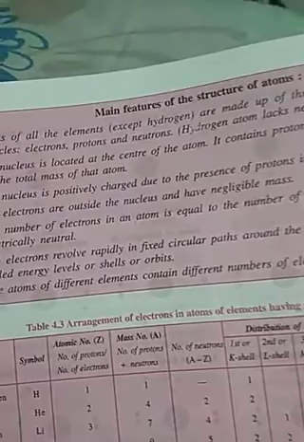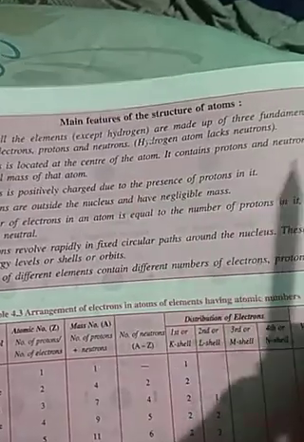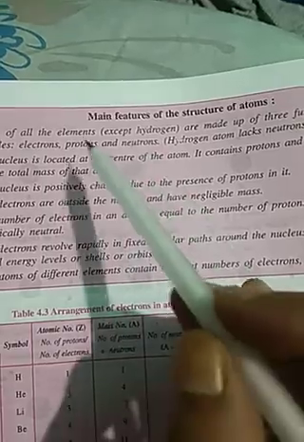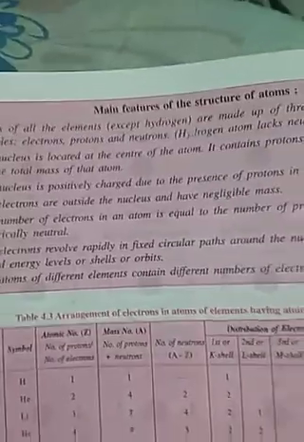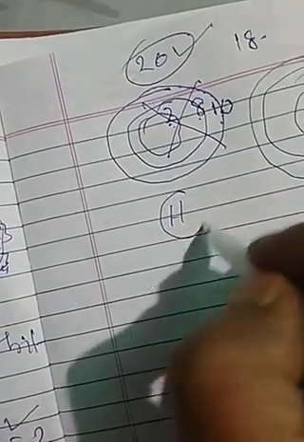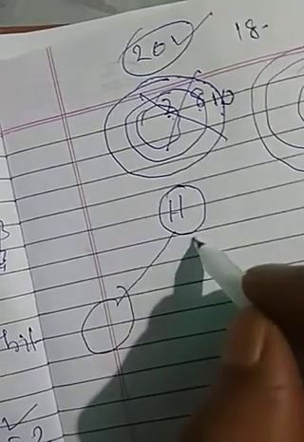The atoms of all the elements except hydrogen are made up of 3 fundamental particles, 3 subatomic particles: electron, proton and neutron. I think 3 or 4 times I have told you, hydrogen is an element that exists in 3 forms.